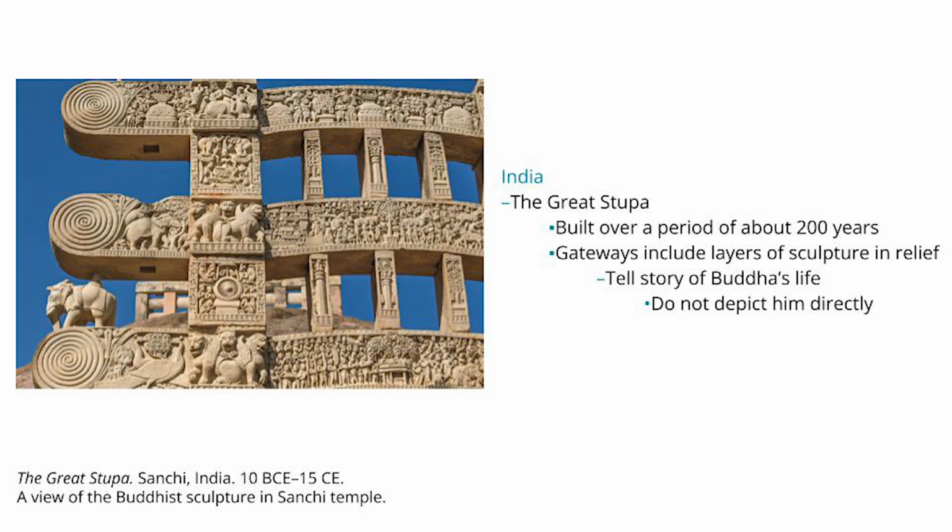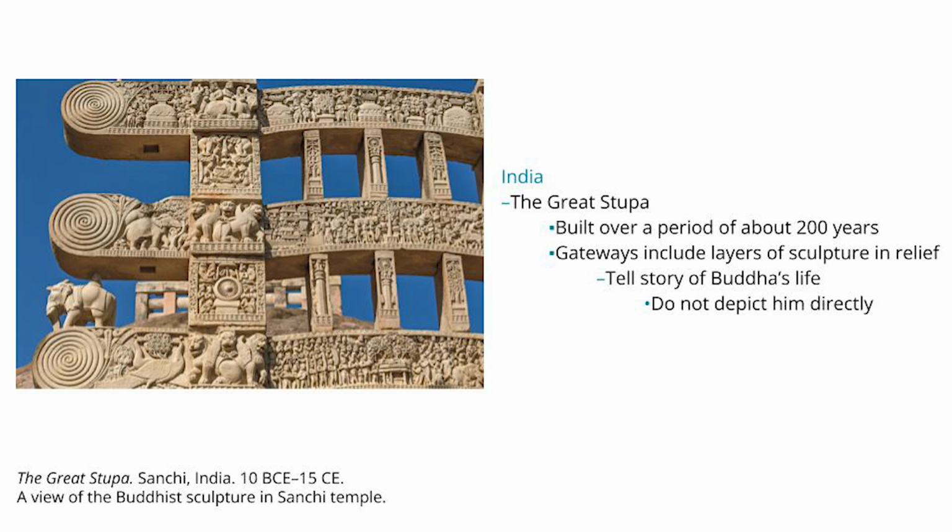I mean, not trying to talk down about the other stupas, but this one is the most famous one. It was actually built over a period of about 200 years, and the gateways include layers of sculpture in relief. Here I've got an image that's a detail just showing these relief sculptures on the gates.